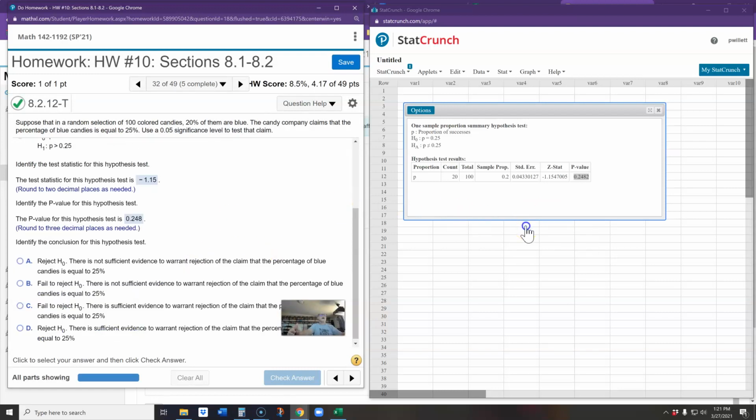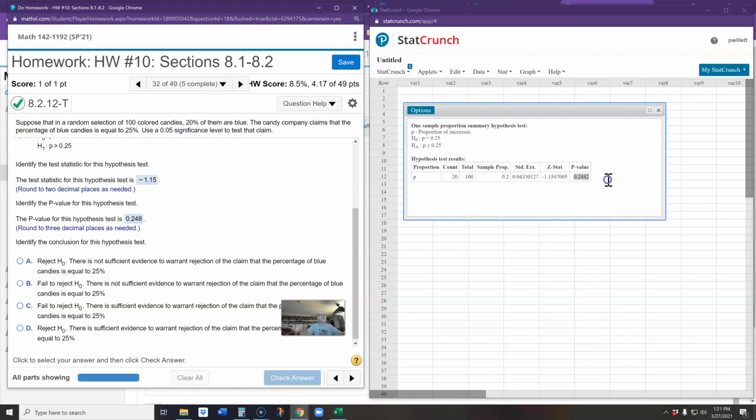But what does the p-value mean? It means that there's a 25% chance that you would have gotten candies as far away from the 25% claim as 20% just by random chance, even if the actual population proportion really was 25%.